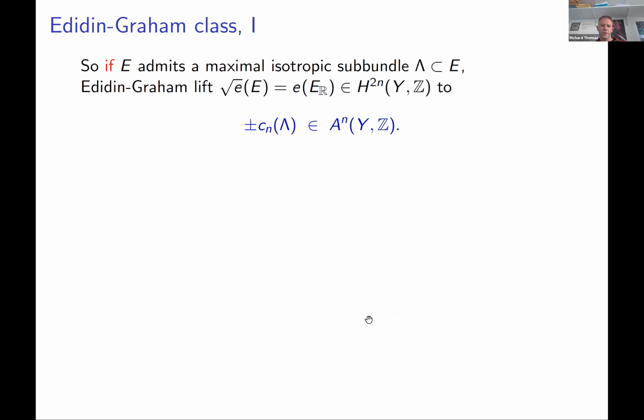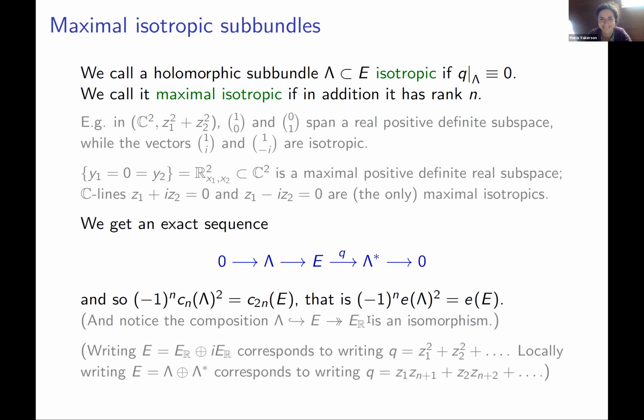Sorry, I still have a question about the previous slide. Does E to lambda dual come from Q? Q was the quadratic form.